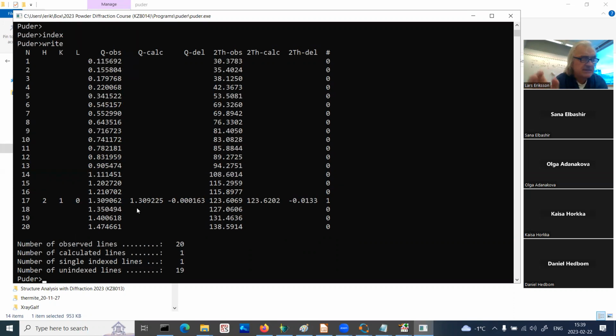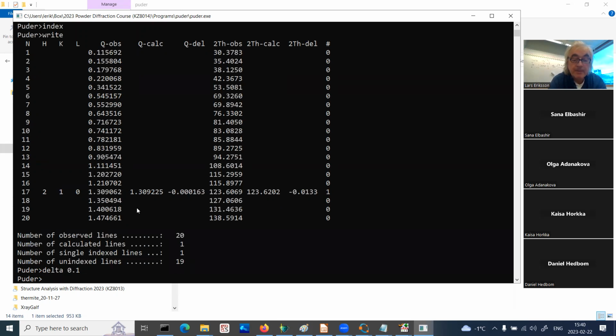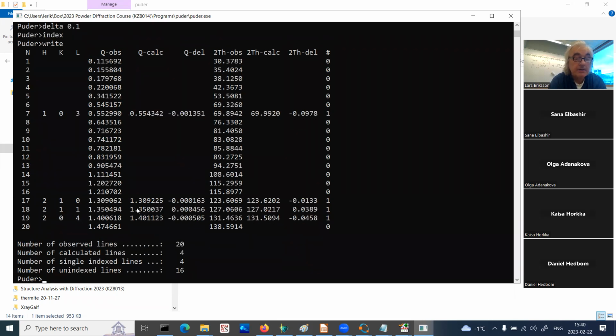Wasn't this synthetic? We can set the delta 2 theta acceptable to a higher value, 0.1 degree maybe, because it may be of low accuracy. With 0.1, a few more peaks are indexed, but hardly anything to count on.